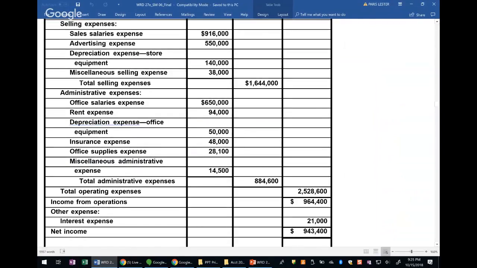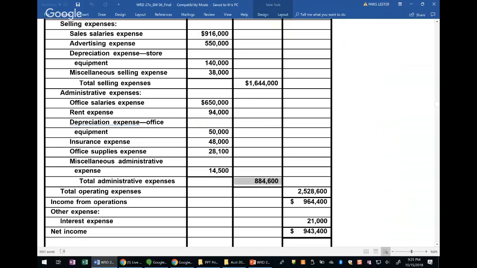Okay, so that is exercise or problem 6. Now, we're going to look at your appendix. I don't know how much of this I'll have on the test. I'll let you know if I do. If I had this on a test, I would give you a one-liner for selling expenses, and I would give you a one-liner for administrative expenses.